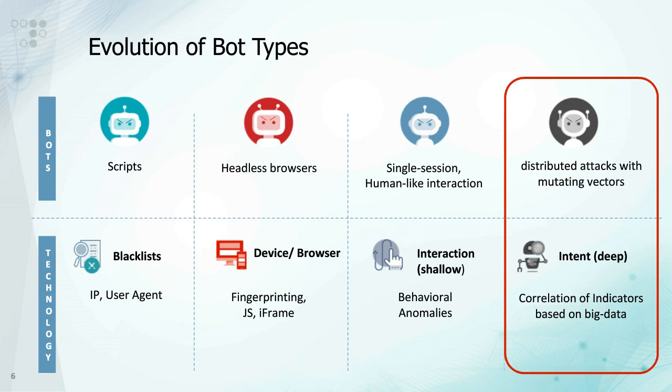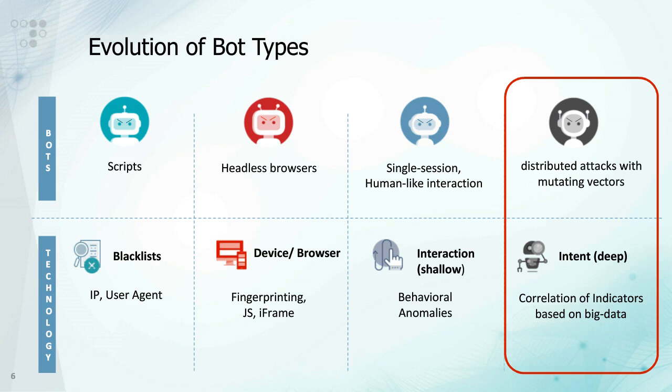The latest breed of bots have advanced human-like interaction characteristics such as moving the mouse pointer in a random human-like pattern instead of straight lines, for example, typing characters and erasing them, and other mechanisms that they use in order to bypass the security solutions.